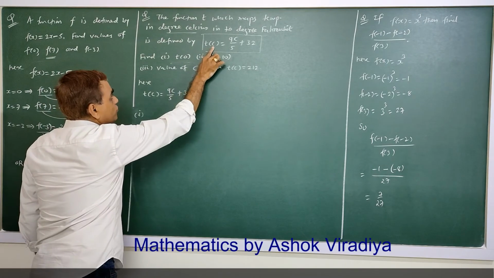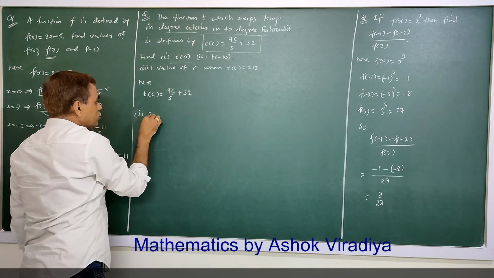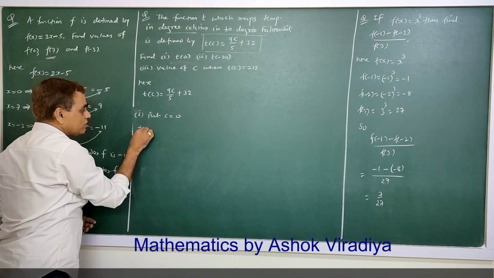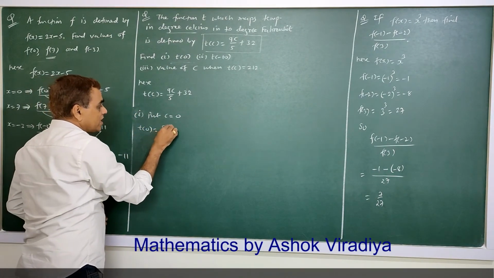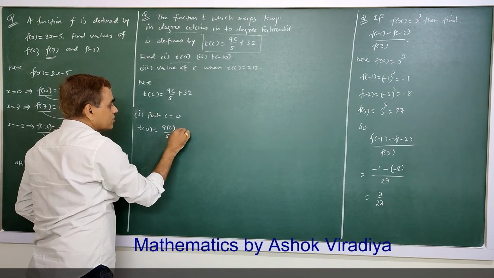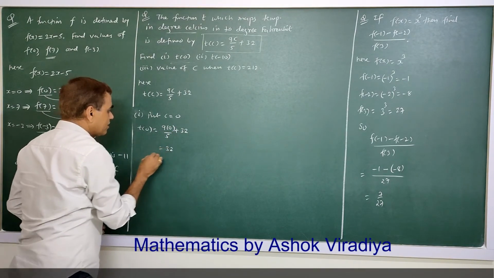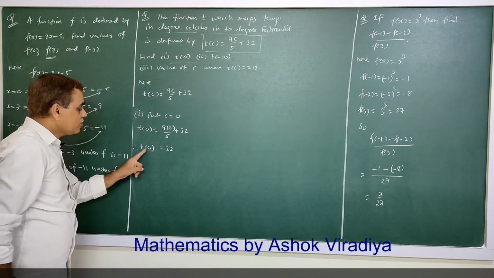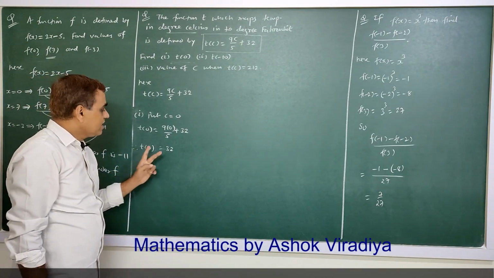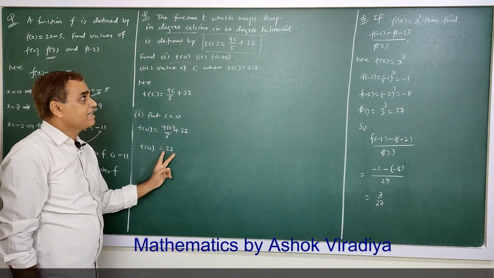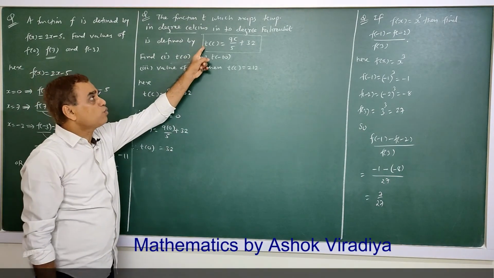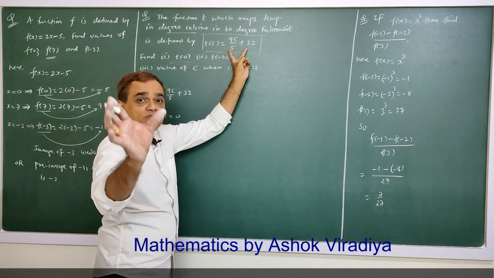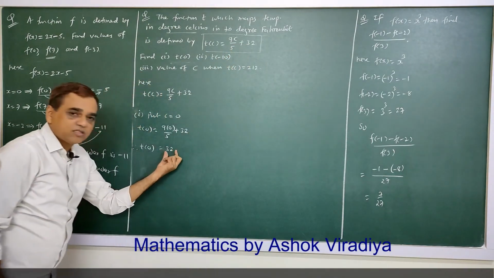So here we have to put C equal to 0. Putting C equal to 0, the value is 9 into 0 by 5 plus 32. So it is 32. So 0 degree Celsius equal to 32 Fahrenheit. The function converts Celsius into Fahrenheit. The image is the value of Fahrenheit.